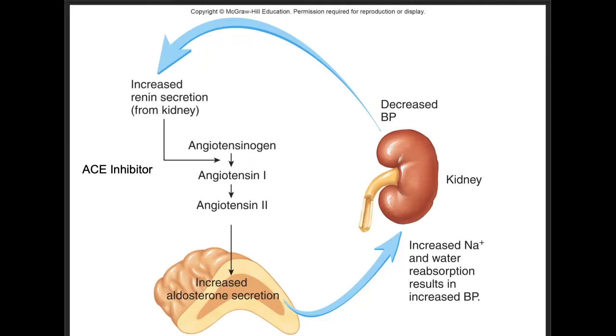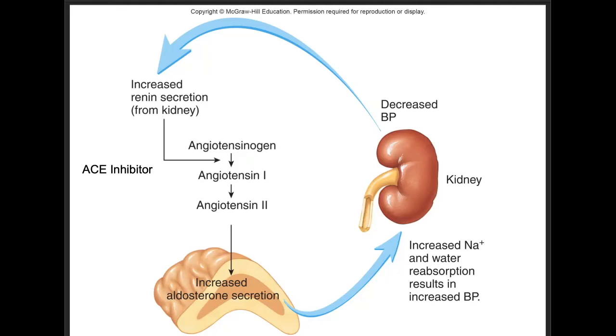Okay, now this angiotensin 2 will cause vasoconstriction. It will constrict. Now, what will happen as well is that the angiotensin 2 will act on our adrenal cortex. Once it acts on the adrenal cortex, it will release aldosterone.